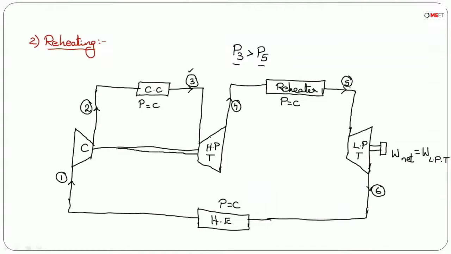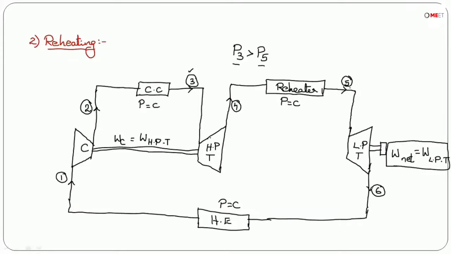So that means whatever is the work input that is required for the compressor, that will be totally supplied from the high pressure turbine, and whatever is the output that is coming from the low pressure turbine, that will be completely available for further utilization. That's why the net power output is the power that is developed by the low pressure turbine here.